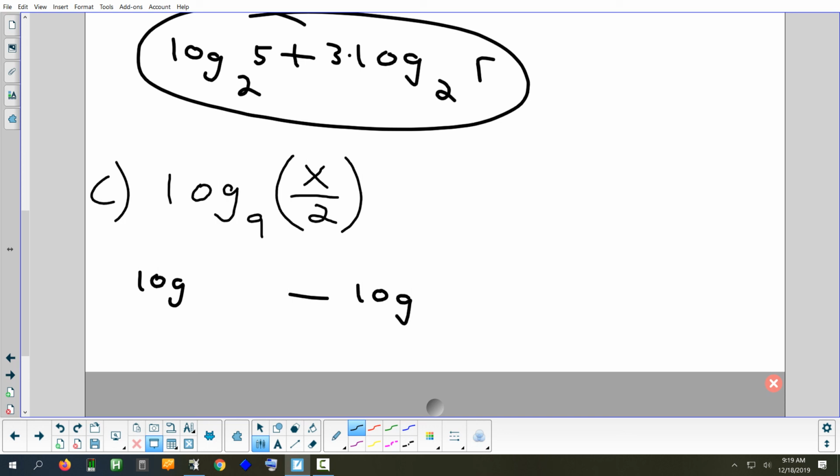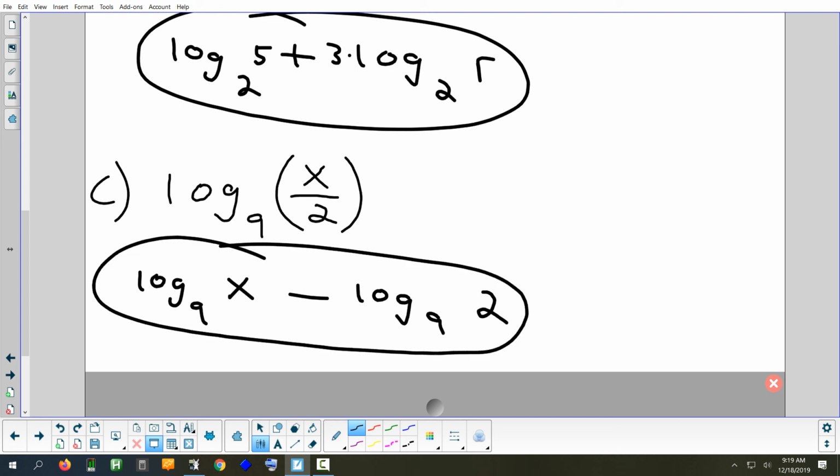Anthony, what's going to be the base on each log? 9. 9 stays the same. Justin, my first argument. X. And Emily, second argument. 2. And that's it. Log base 9, x minus log base 9, 2. Questions on that?